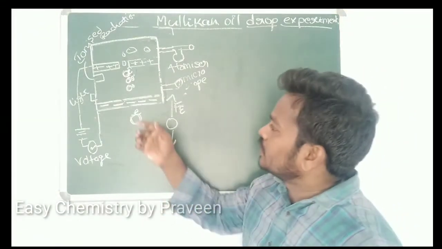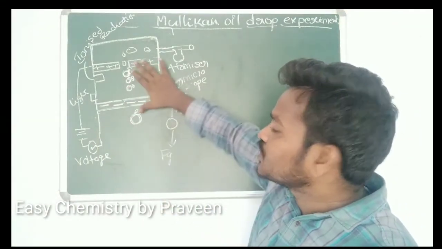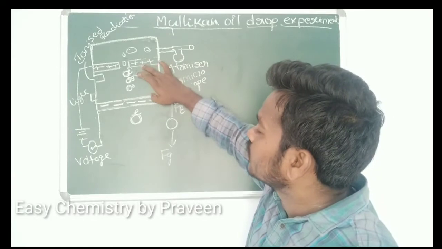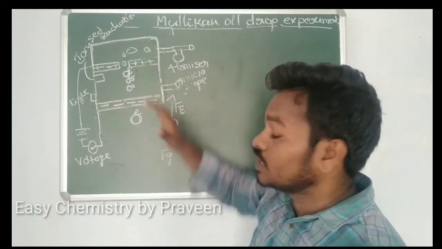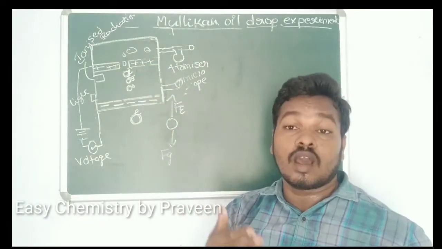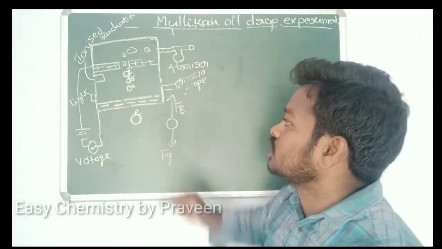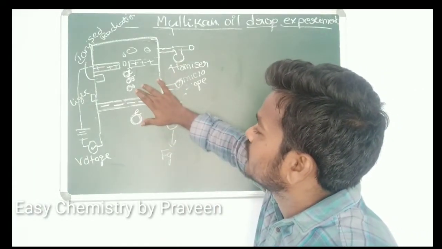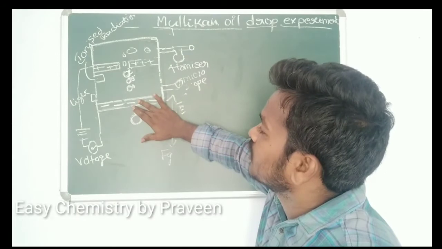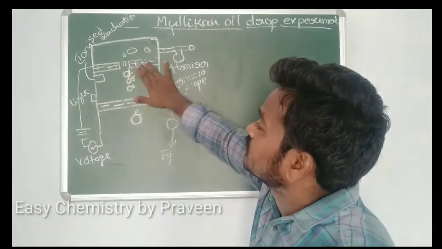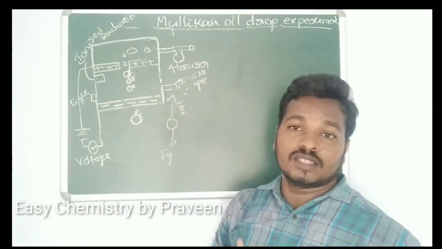When the voltage is more, we already know that like charges repel each other and opposite charges attract each other. The oil droplet having negative charge is repelled by the negative plate and attracted upwards.